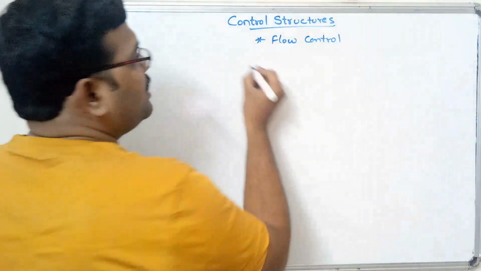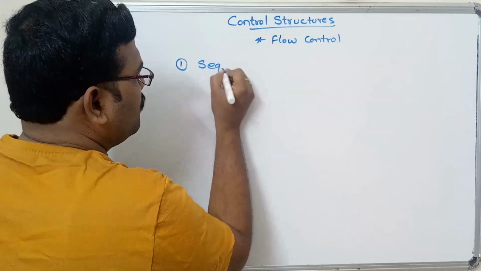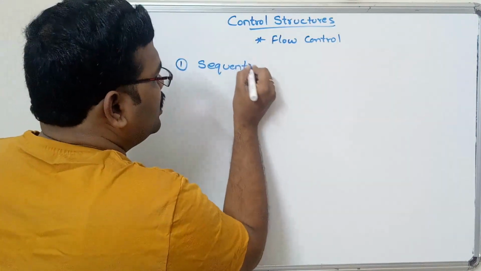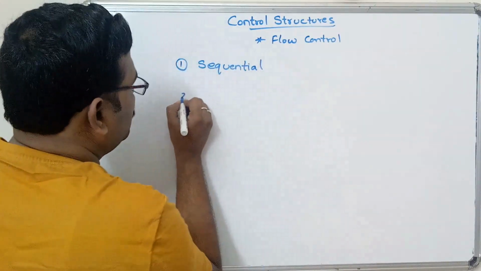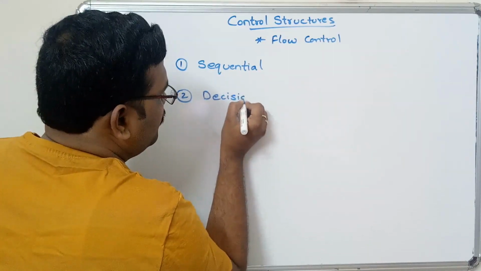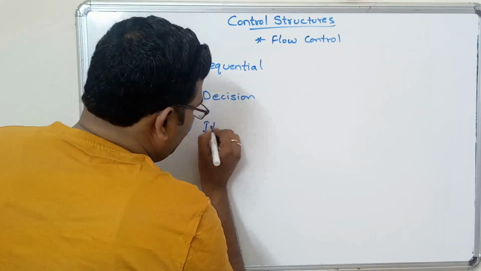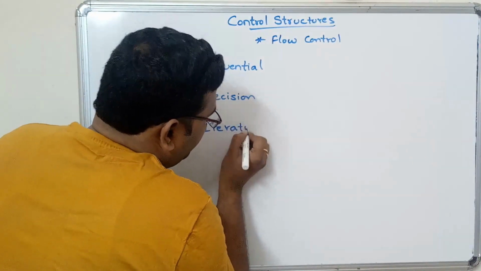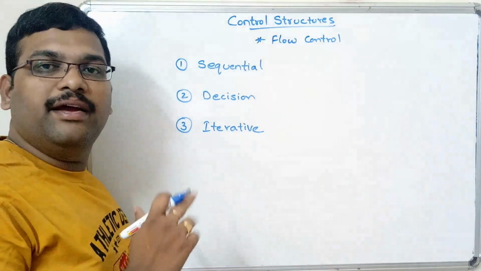These are of three types: sequential, decision control, and iterative control. So sequential, decision and iterative.